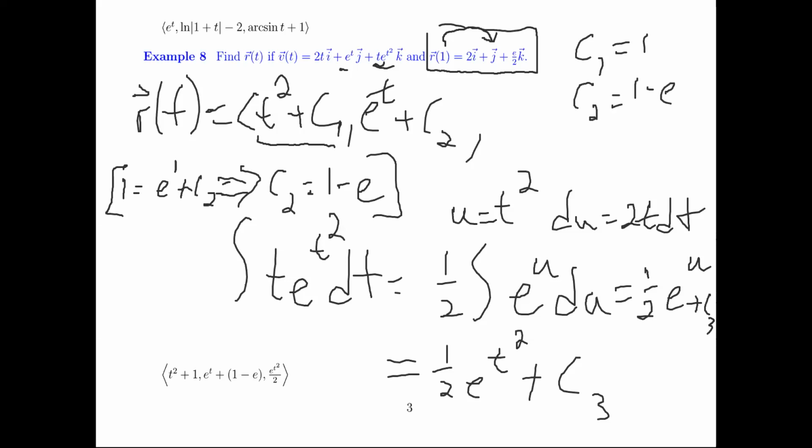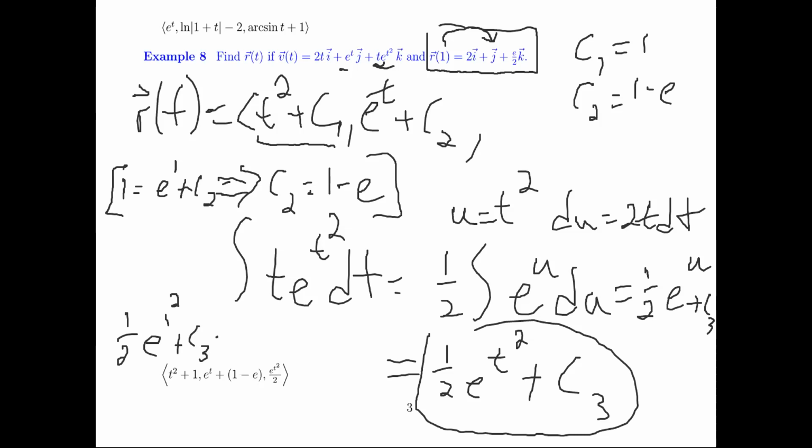And then if we plug in 1 into this last equation here, we should get out e over 2. So into this expression here. So the equation is 1/2 e to the 1 squared plus c sub 3 is equal to e over 2.